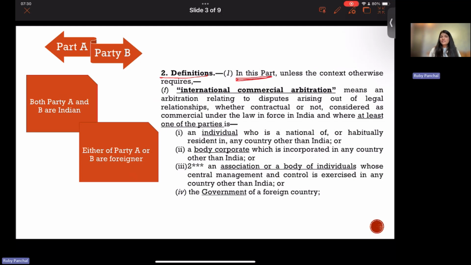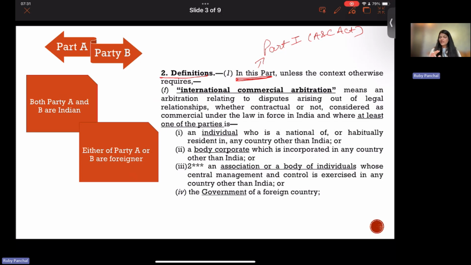And when you see where section 2 is lying, it is lying in Part 1 of the A&C Act. So right at the outset, the definition clause begins with the wordings "in this part," which is Part 1 of the A&C Act, "unless the context otherwise requires."